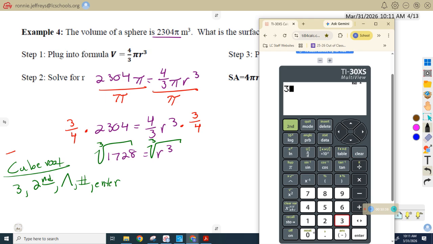So 3, second, raise the roof. This little 3 needs to be smaller. Right here, that's how you know it's there. 728. All right.